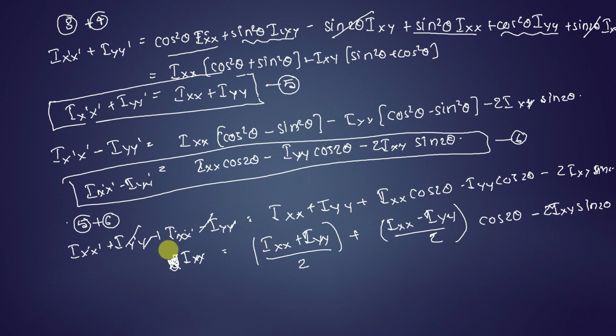Please adjust with my handwriting, it is not very clear here. Now we got the Ix'x' value in terms of old moments of inertia and theta. Take it as equation number 7.